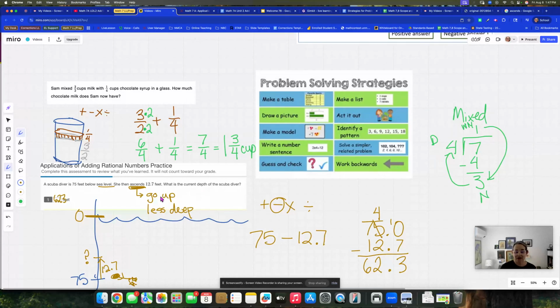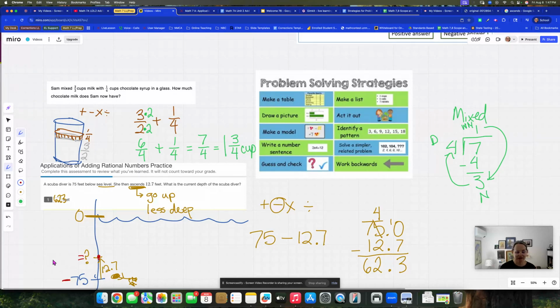What's wrong with it? Check this out. I forgot something important. If we're below sea level, the 75 is going to be negative. When we ascend the 12.7 feet, we're actually still going to be negative, because we didn't get to the surface yet.